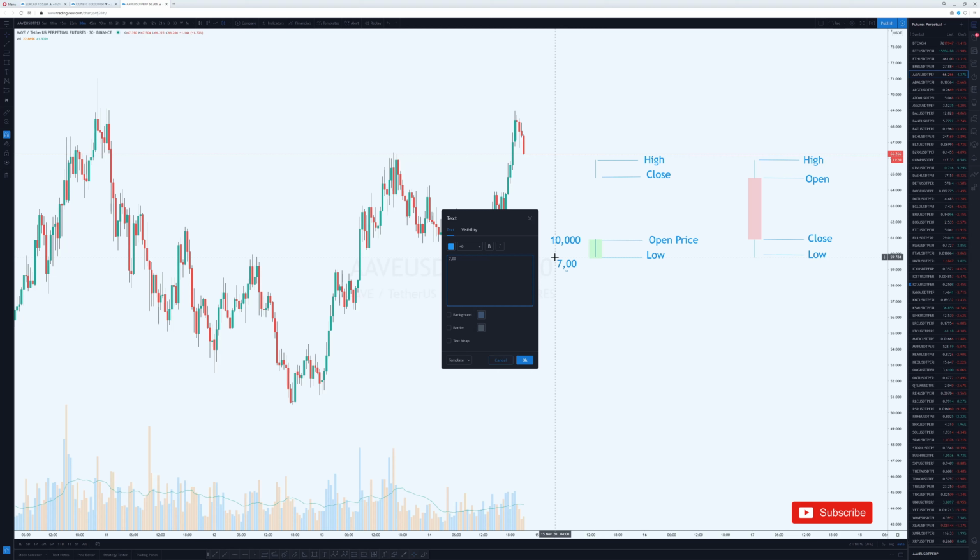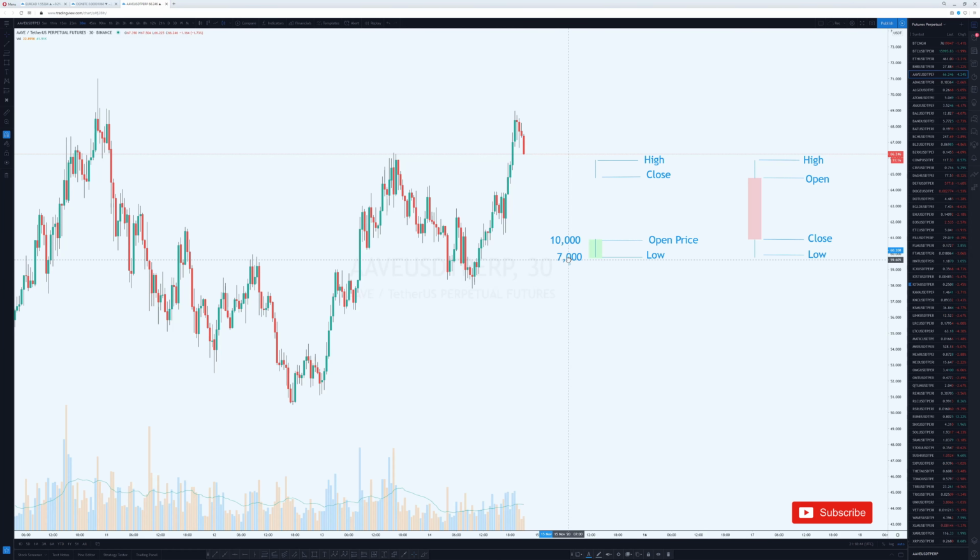That is the low price of the item as per your negotiation with Nnamdi. And once the price of the asset is below the open price, it usually becomes a red candle. It's no longer green because it's not a positive change from the open price. It is a negative change.